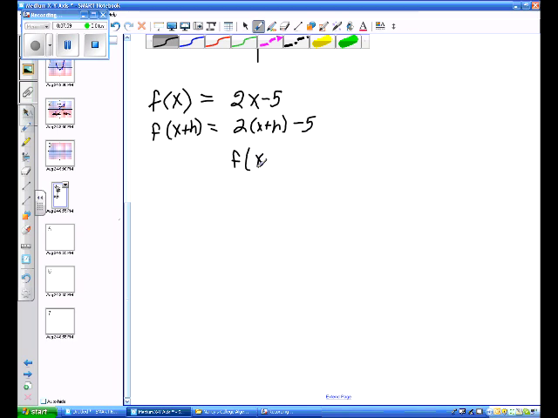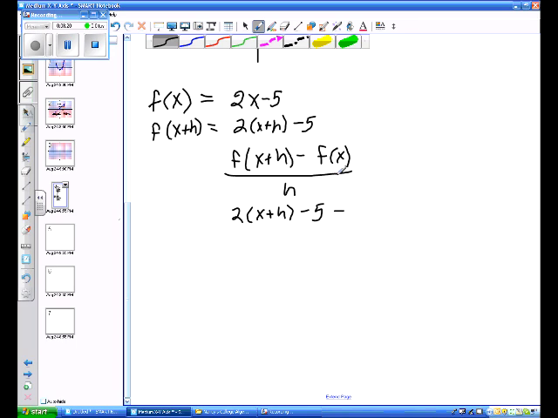Okay, now we're ready to use our difference quotient. Our difference quotient, remember, is f of x plus h minus f of x all over h. So f of x plus h is going to be 2 times x plus h minus 5. I'm just going to write that in this time, and then we'll remove our parentheses.